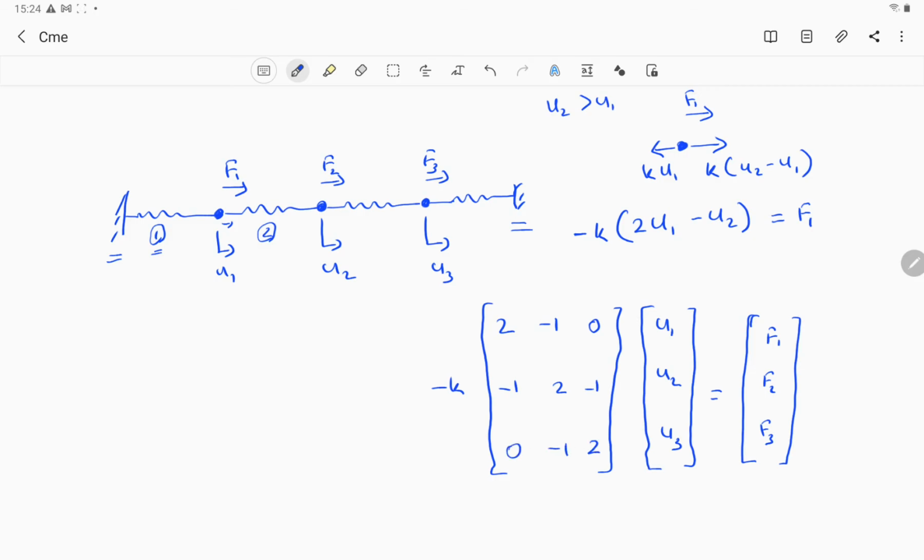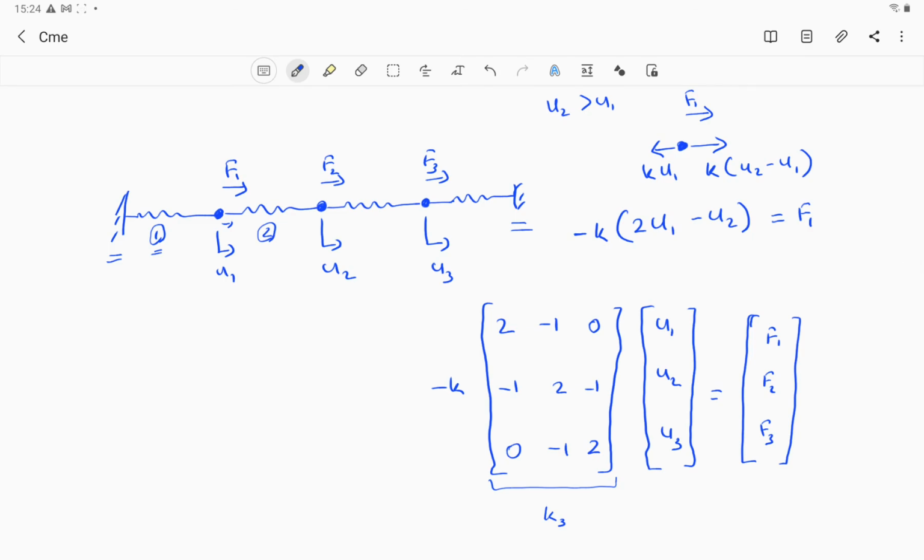You can check. And this matrix is nothing but K3. That's how we can construct a matrix for a given spring-connected system.